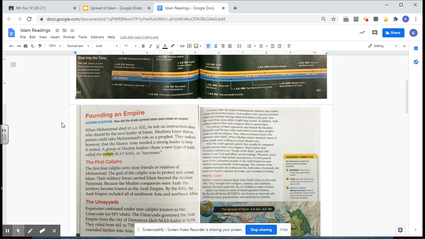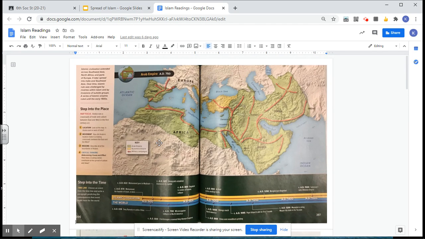So they get together in a small group to try to figure out who's going to take on the role of the leader. And it says right here that this group of Muslim leaders chose a new type of leader called the caliph or the successor. Okay, so this is where this conversation jumps off, the fact that Muhammad has passed away and now they're trying to figure out who will be the religious leader of Islam.